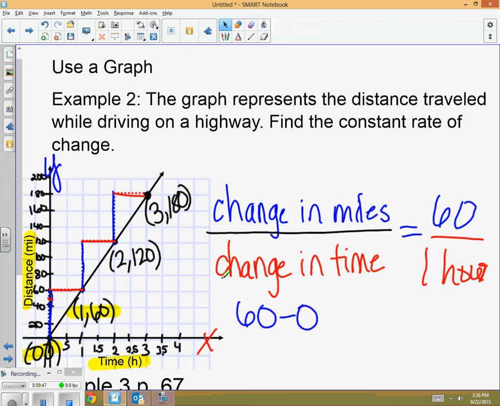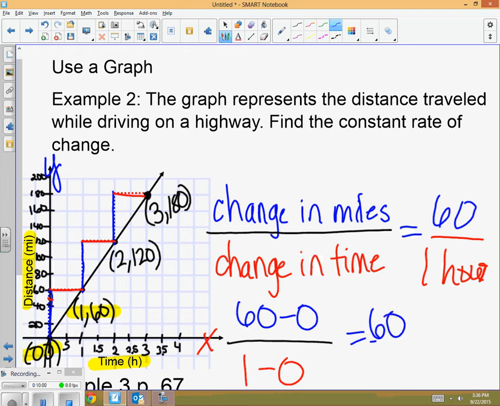And then if we wanted to compare that to the change in time, we would take the 1 hour for the x point minus 0. So 60 take away 0 is still 60. 1 take away 0 is still 1. That's another option of how to check your change in miles per hour. You can look at the graph or you can look at the coordinate pairs.